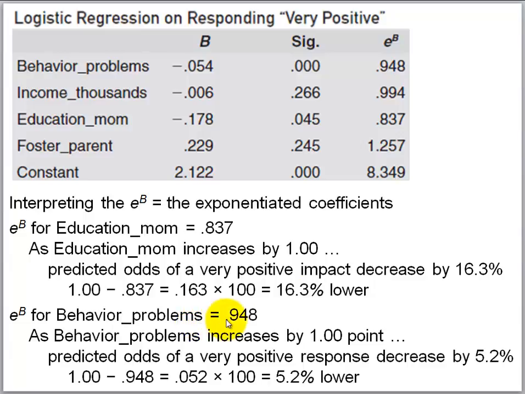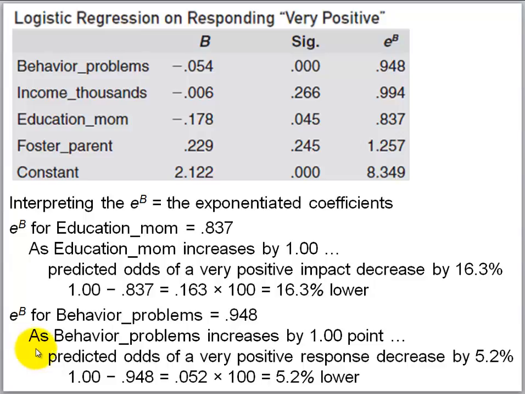Let's interpret the EB for behavior problems, which is 0.948. Now recall from the prior video that behavior problems is measured on a scale with possible scores from 0 to 236. So for every 1 point increase in behavior problems, the predicted odds of a very positive response decrease by 5.2%.